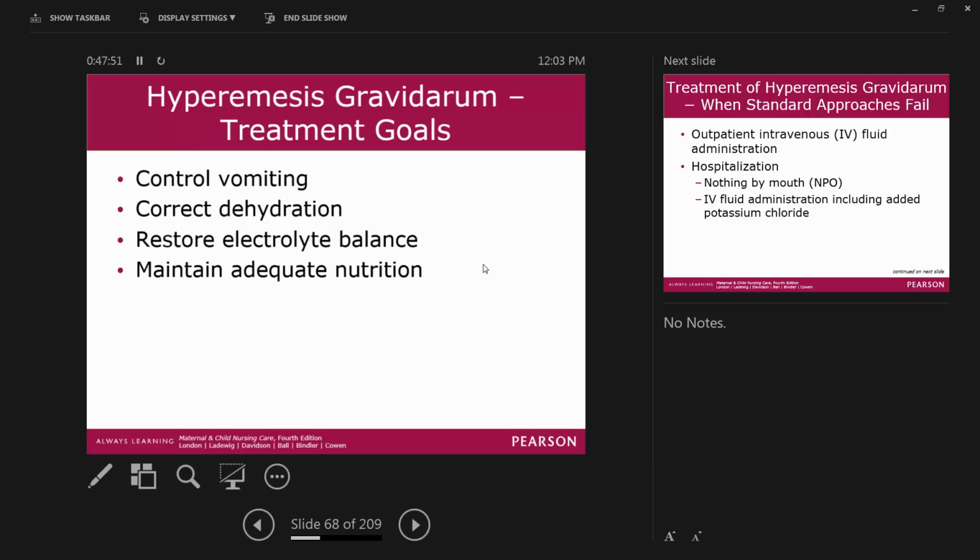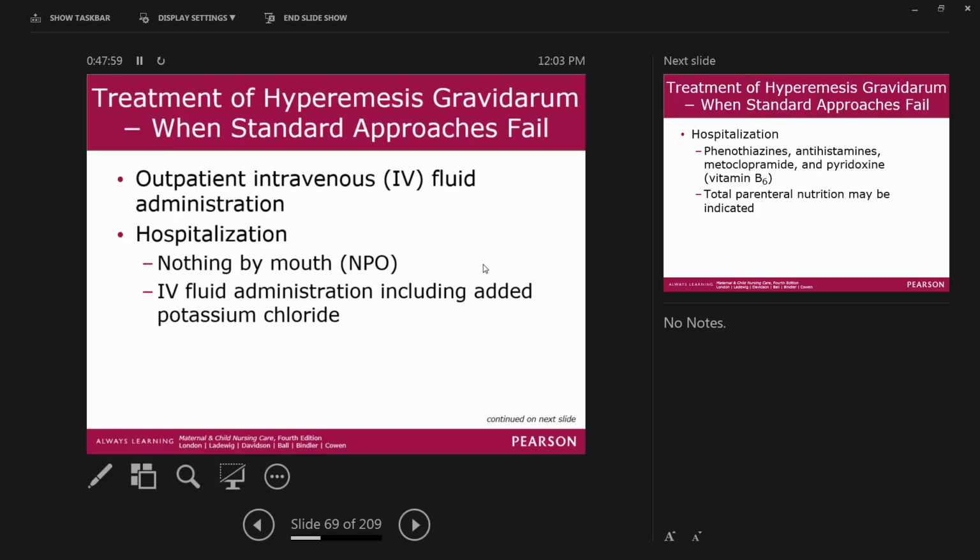So these are the goals of our treatment: control vomiting, correct dehydration, restore electrolyte balance, and somehow get her some nutrition. Do things like Reglan or Zofran help with that? In an acute phase, there's a protocol where they give IV fluid bags.